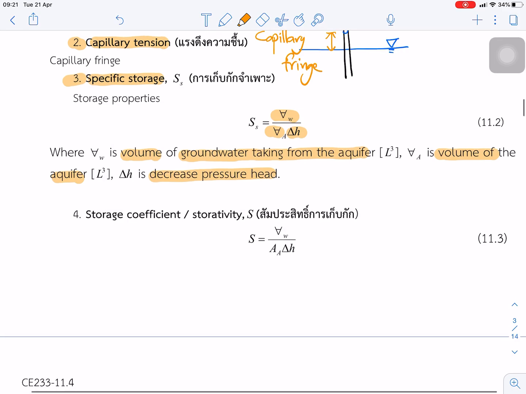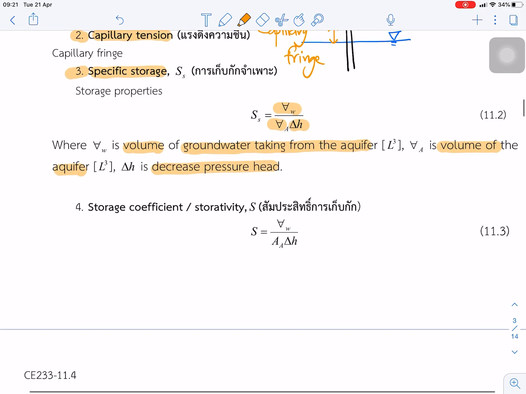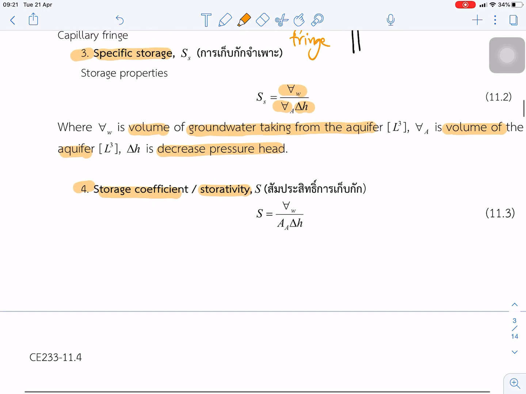So we expect the unit of the specific storage is 1 over L. And next is the storage coefficient, or storativity. The difference from the specific storage is that it is divided by the area, not the volume, because the depth of the flow is not constant.